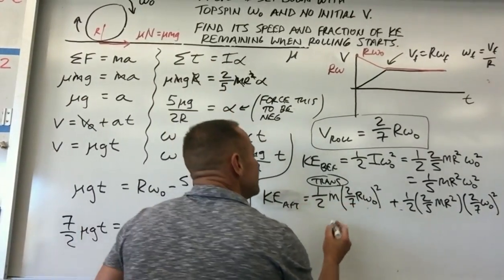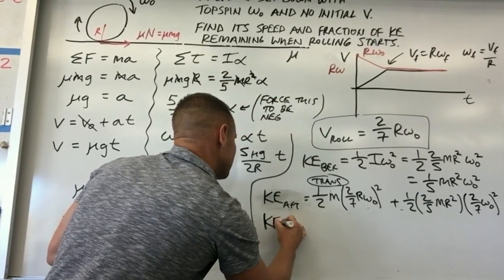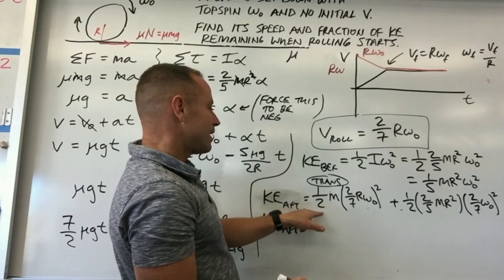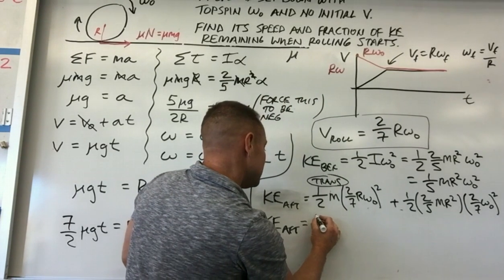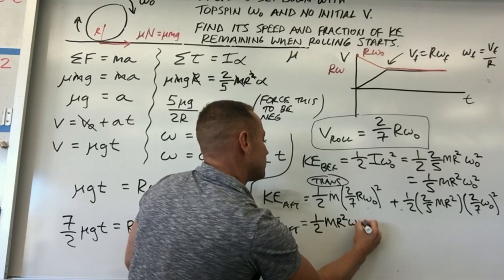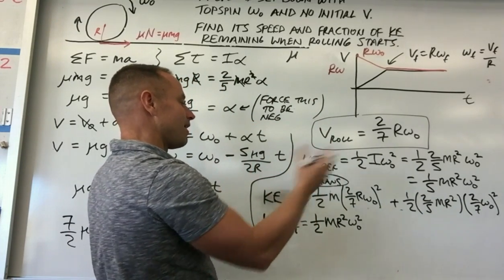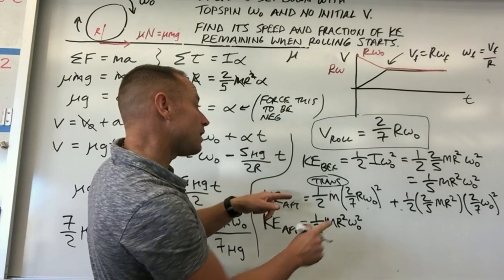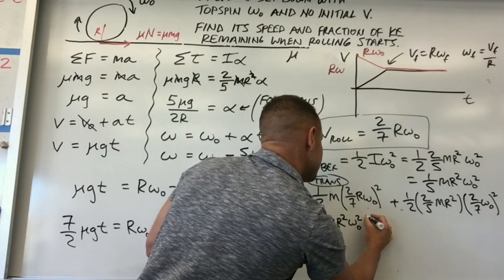All right, so let's wrap this up. In each of these terms, let's pull out the common factor to make this look a little less intimidating. So KE after, every term has 1/2 m r squared omega initial squared in it. So let's pull that out of both terms. I'm just trying to write it all in terms of some fraction. And then both terms also have a 4/49, so we can factor that out too.